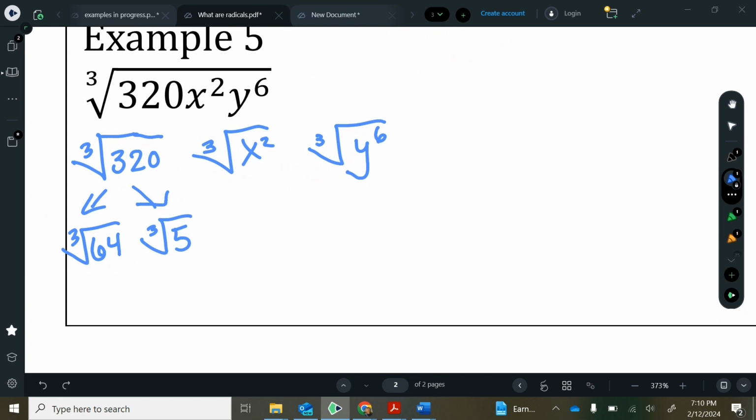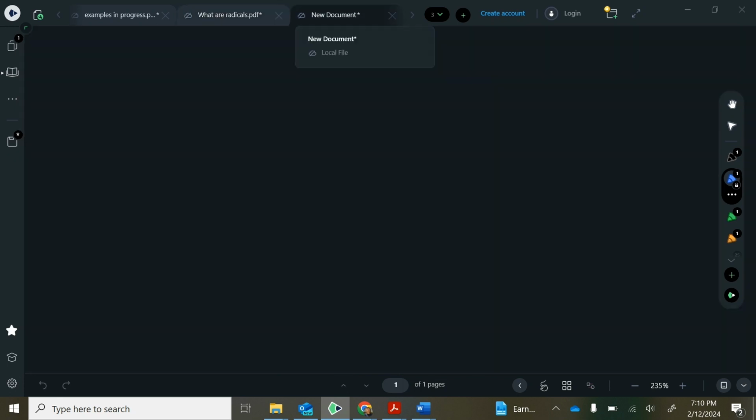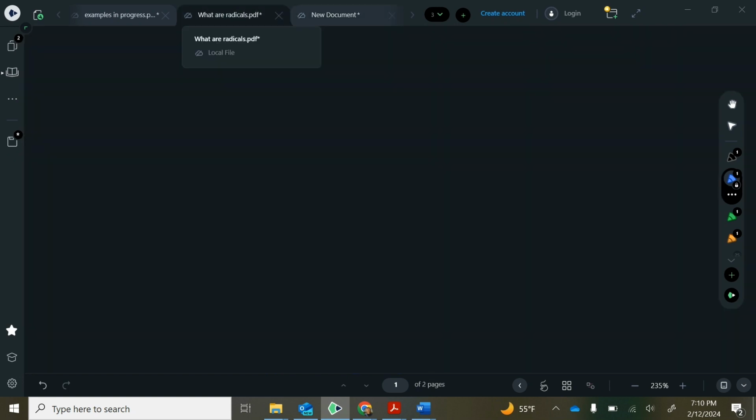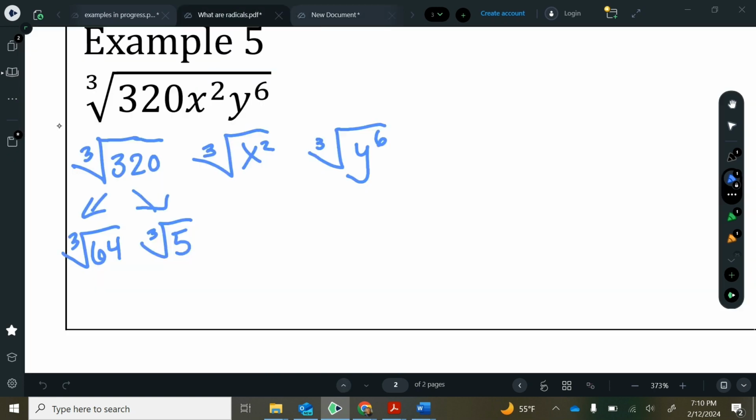Okay, let's look back at our list. Cube root of 64 is just a 4. So that's what we'll put over here. Cube root of 64 turns into a 4. The cube root of 5 stays in the root.